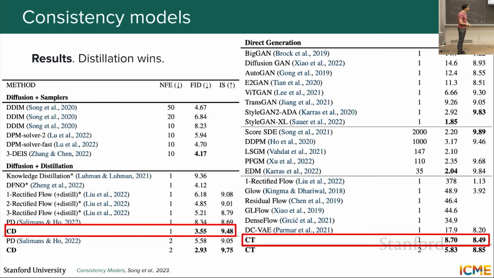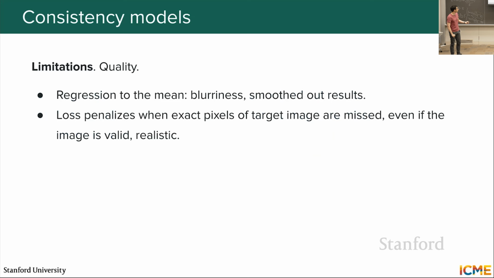And when you look at what results it gets, it's quite competitive, and you can do so in the latent space. It's called LCM, you might see in the literature. But all of these methods focused on matching a given target.